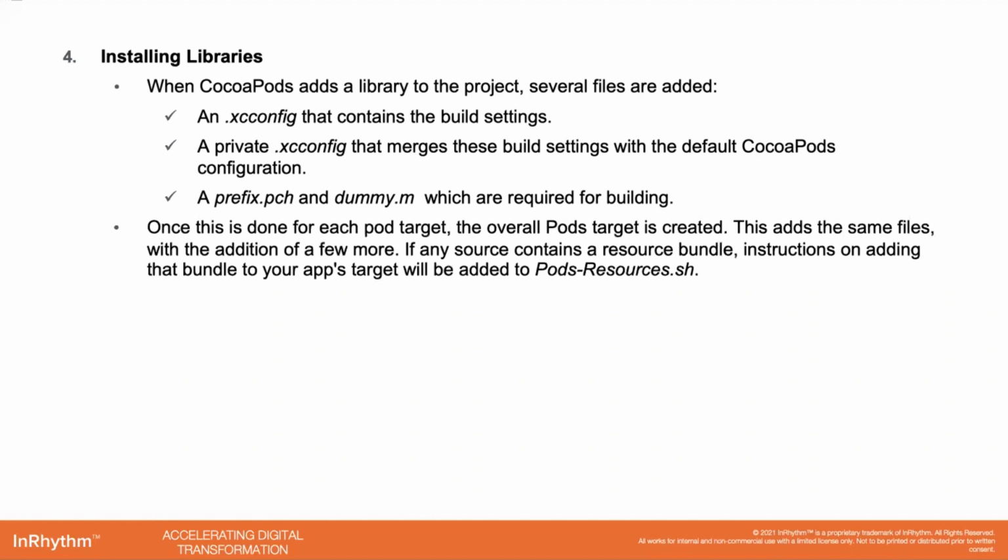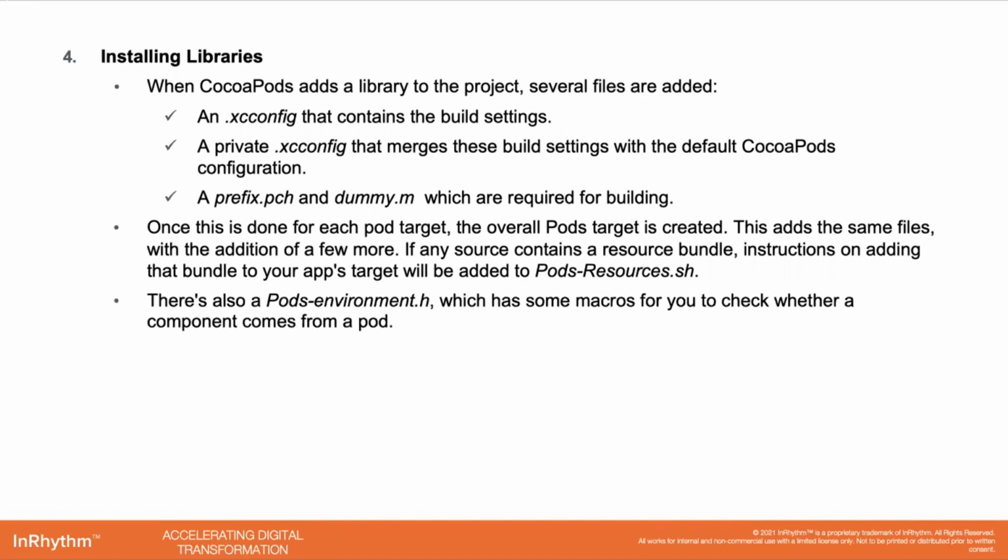After this is done for every single pod target, the overall Pods target is created. This adds the same files with the addition of a few more. A couple more files are added, which are Pods-resources.sh and Pods-environment.h, which has some macros for you to check whether a component comes from a pod.